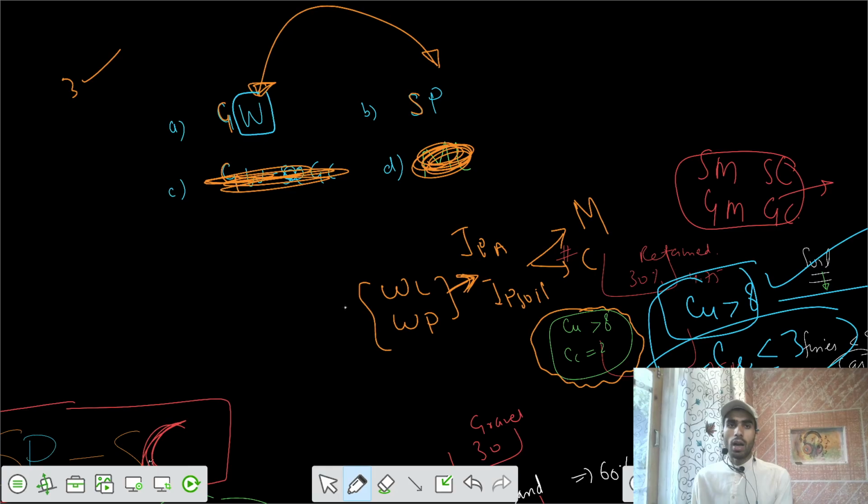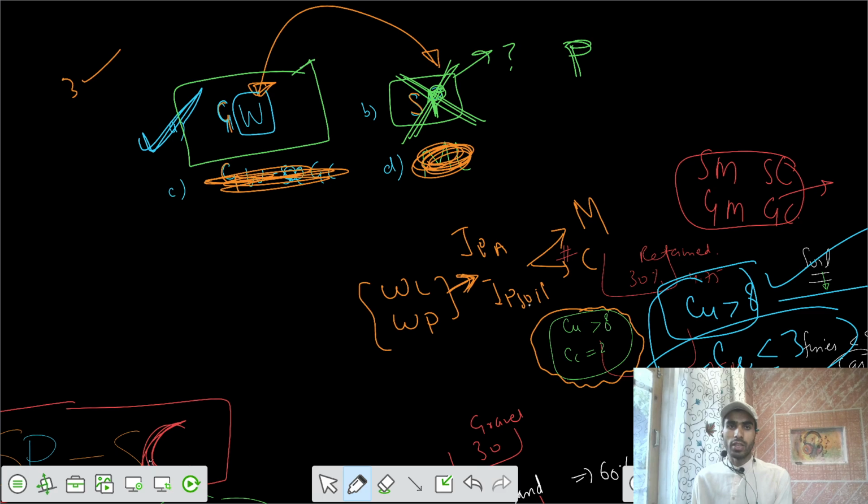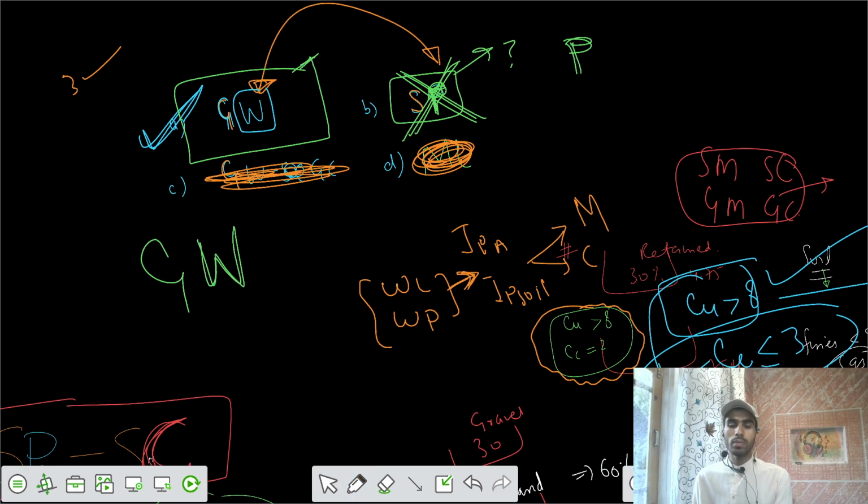Now I would go with option A, because this part we can't solve. We can't determine whether your soil is poorly graded. It says sand is poorly graded, but this is not the true solution. So the final solution in terms of gradation is that your soil is well graded gravel.